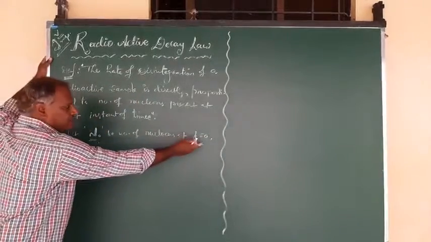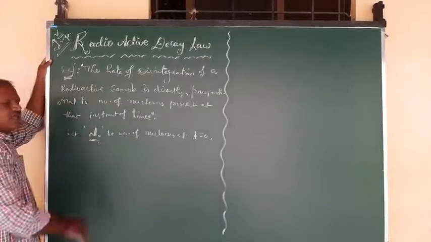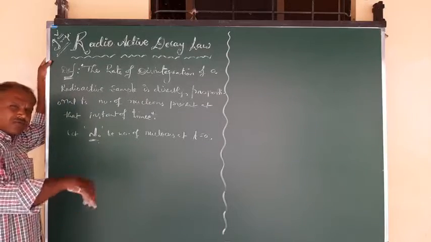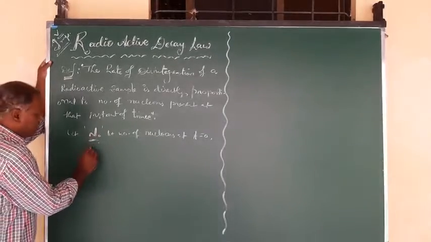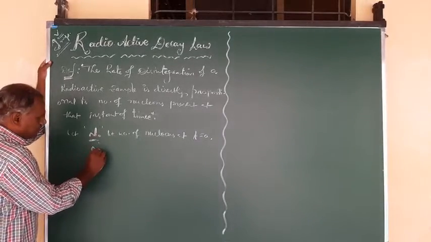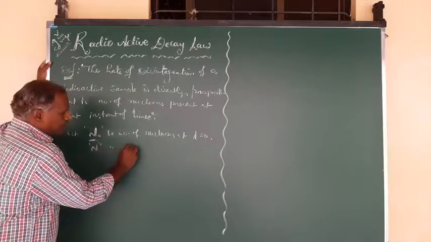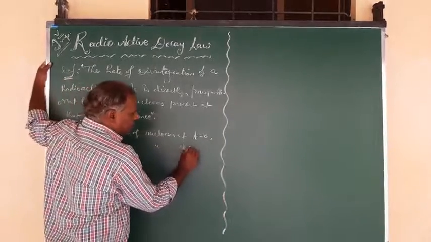When the time t is equal to 0, N naught nucleons are there. After some time interval t seconds, only N number of nucleons are there. So let N be the number of nucleons at t seconds.